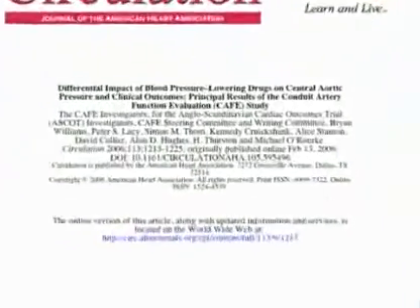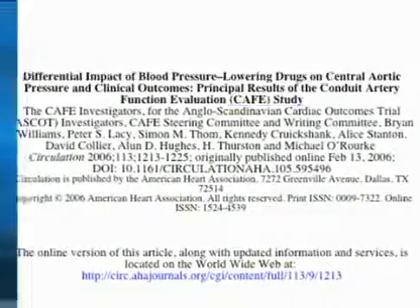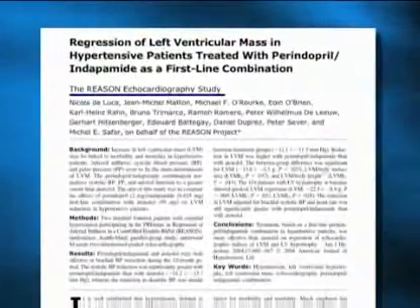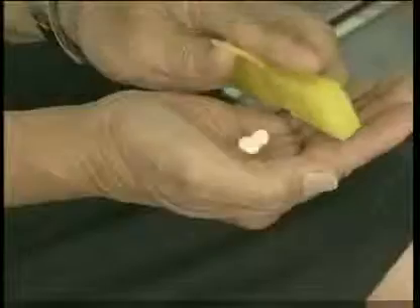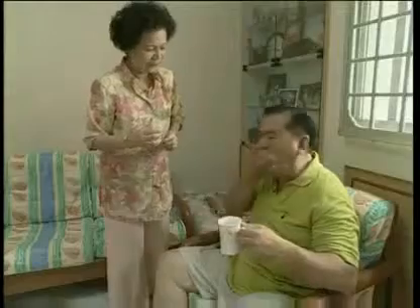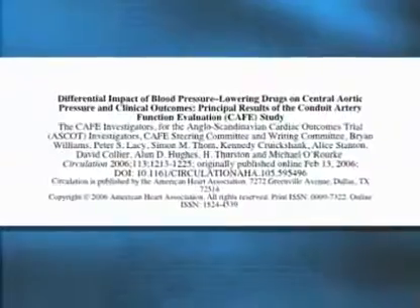There are big studies like the CAFE study and the REASON study. These studies have shown that different drugs can affect the central pressure differently. For example, in the CAFE study, we have two groups of over 2,000 patients followed up for 5 years at the same blood pressure level.